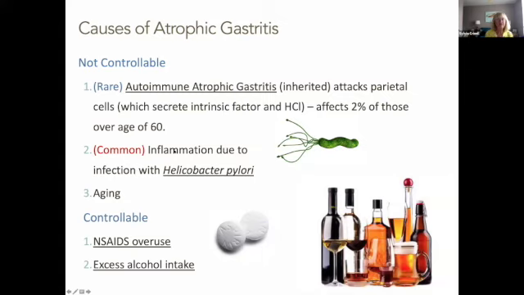Another one, not controllable. Sometimes people have infections with a bacteria called Helicobacter pylori. And I know we talk about this in our previous classes, but you may not remember. So some people get infestations with this bacteria, and it actually can live in the stomach, even though the stomach is normally acidic. And what it does is it breaks down the cells.